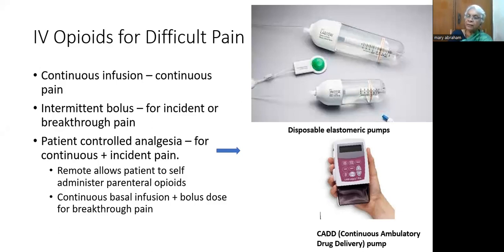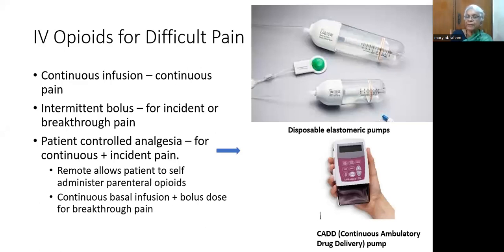But if there's both continuous and incident pain, then we can give what is called patient-controlled analgesia, or a PCA pump. These PCA pumps allow the patient to self-administer the parenteral opioids. It is given as a continuous basal infusion, depending on the degree of pain the patient is having. And then for the breakthrough pain, the patient himself can give a bolus.